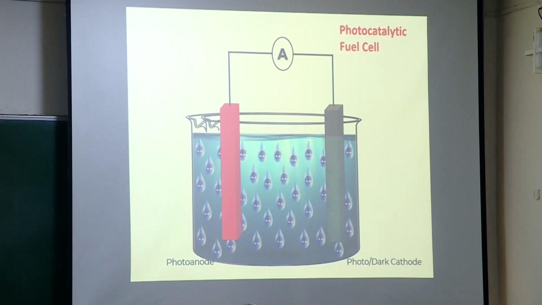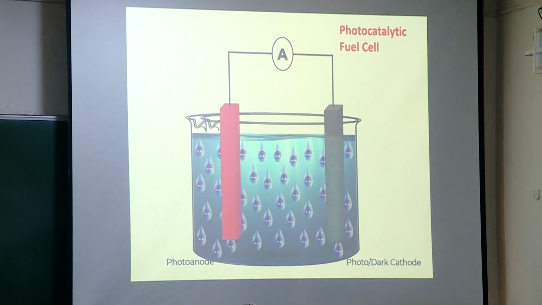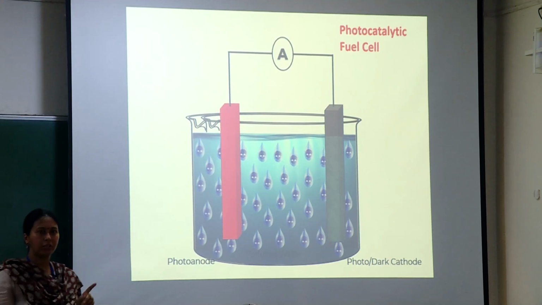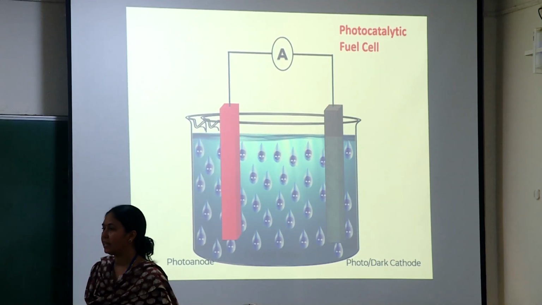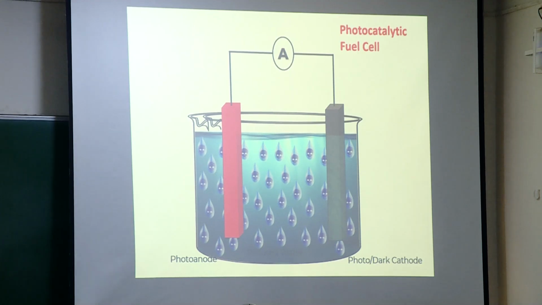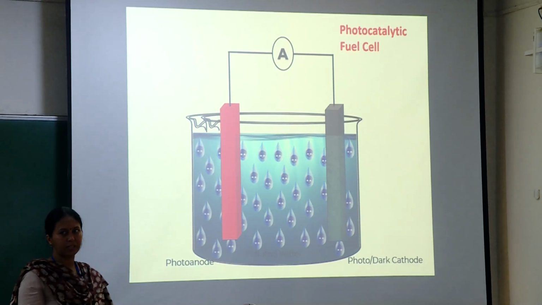Now, many times, instead of a photocathode, the first photocatalytic fuel cell which was reported did not use a photocathode. They used a dark cathode. What does that mean? A dark cathode is something which will not interact with light.